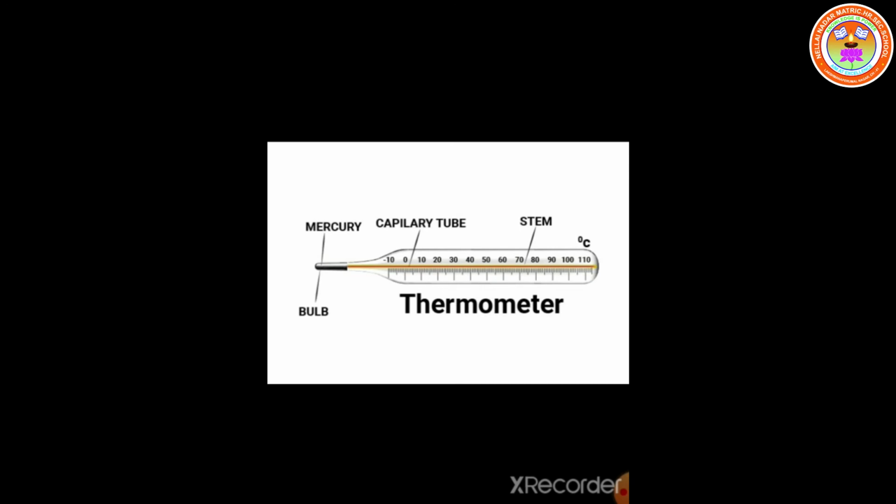A laboratory thermometer has only the Celsius scale ranging from minus 10 degrees Celsius to 110 degrees Celsius. What is the range we have? The range means, what is the starting to the highest reading? Minus 10 degrees Celsius to 110 degrees Celsius.